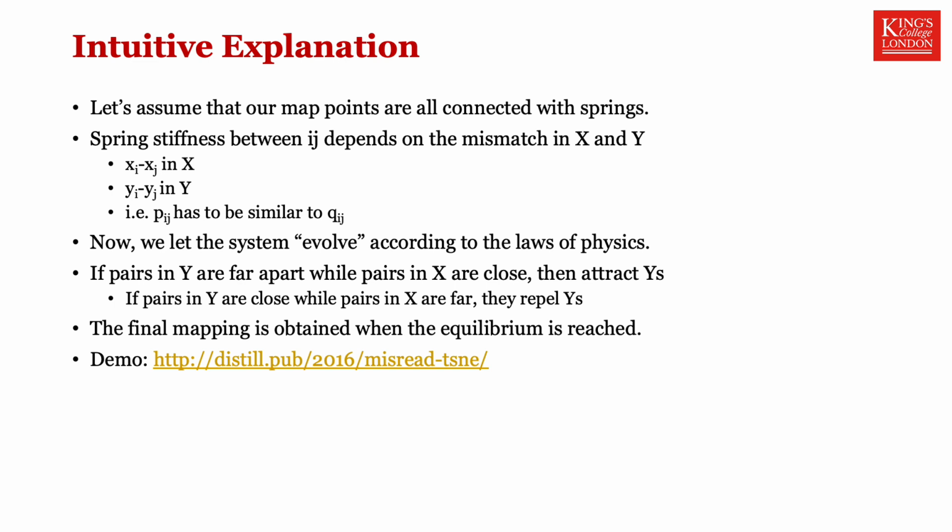When you evolve according to these laws of physics, these laws of spring minimization, and the specific implementation has some stochasticity and a few other tricks to make sure that the algorithm doesn't get stuck, you end up reaching an equilibrium. This equilibrium gives you a data representation in the two-dimensional space, the space of Y, where the distances are preserved as much as they can be compared to the ones that exist in the space of X.